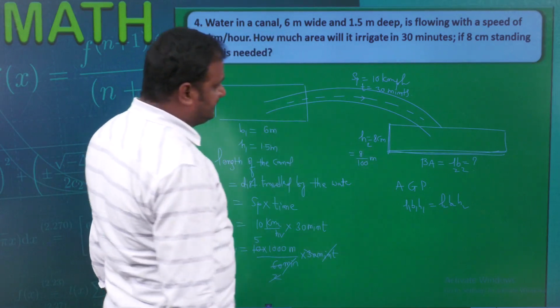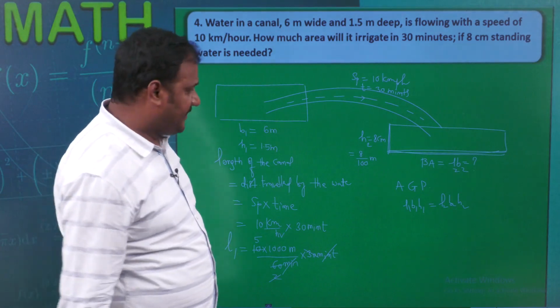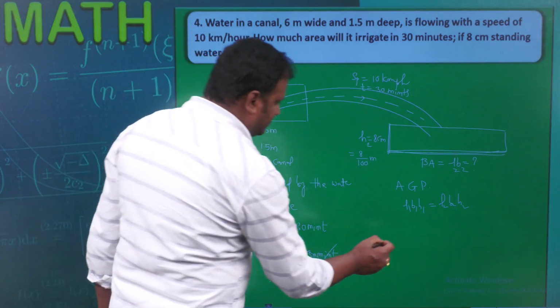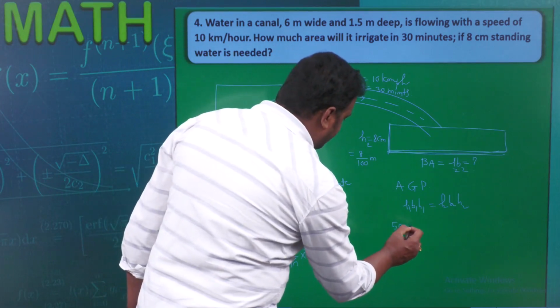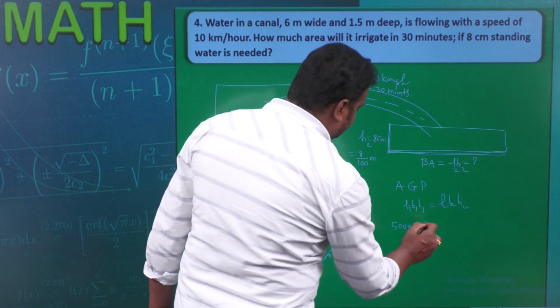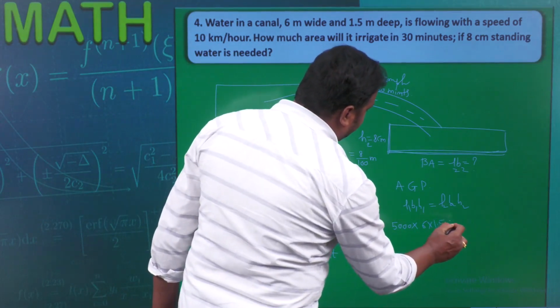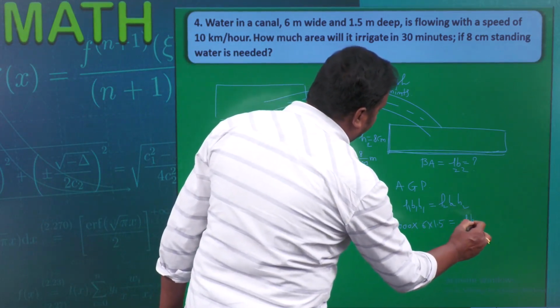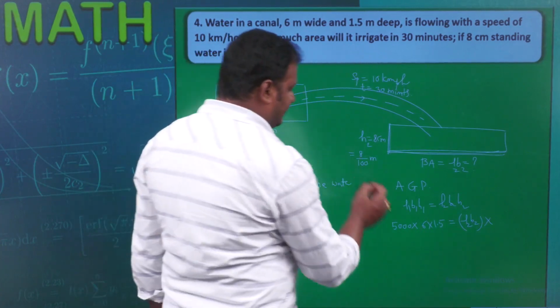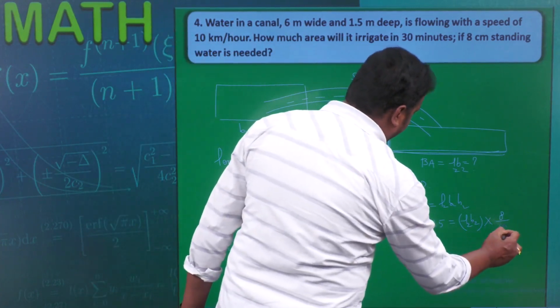Now I am going to substitute. L1 is equal to 5 into 1000, 5000, into B1 is 6 into 1.5, is equal to L2 B2, that is what we want, the area that it irrigates, multiplied by height 8 by 100.